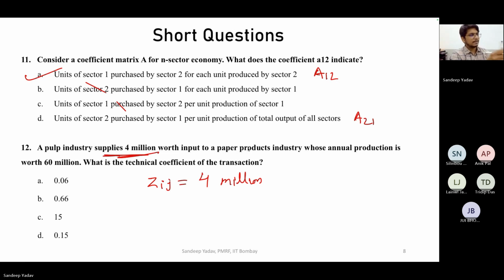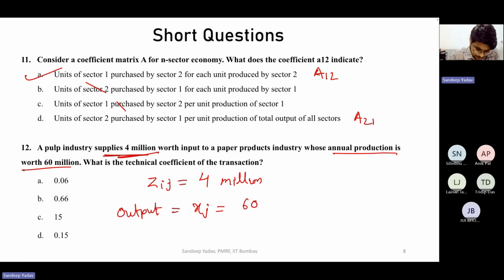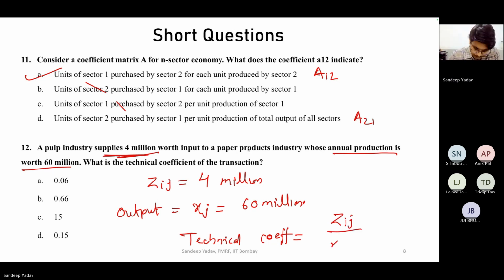As we know, the technical coefficient uses the output or annual production, which is given as xj. Here it is 60 millions. So the technical coefficient would be Zij upon xj, that is equal to 4 by 60.